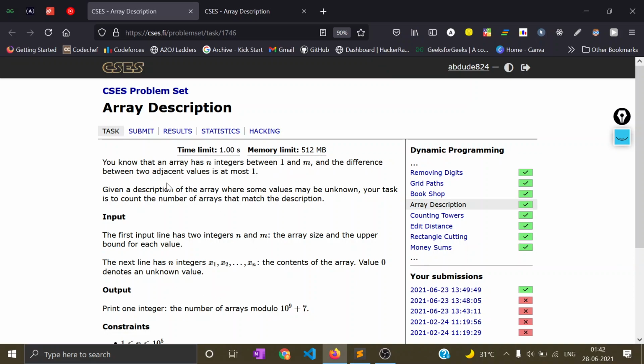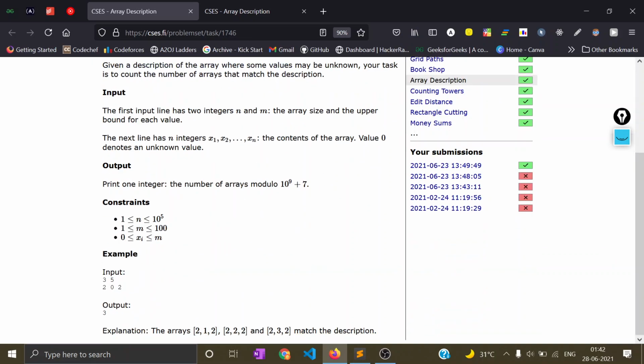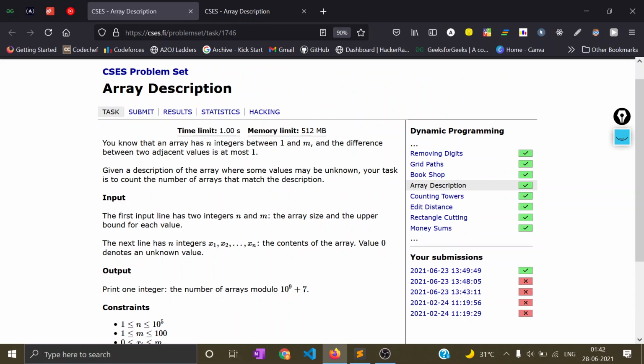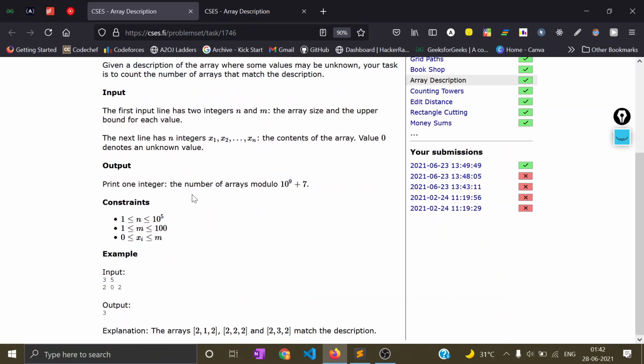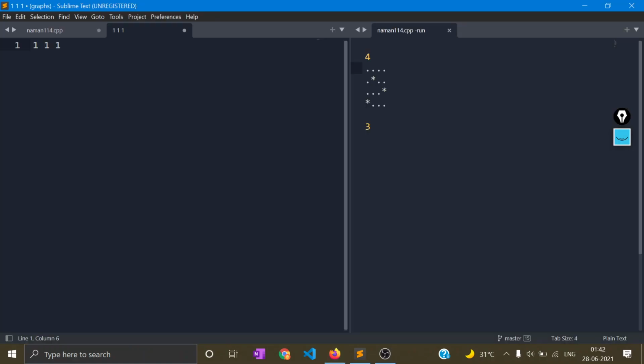What we have to find is that some values are hidden. Some values are basically unknown, and we have to count the number of arrays that can match the description. The hidden or unknown values are represented by 0 because it is not in the range of 1 to n.